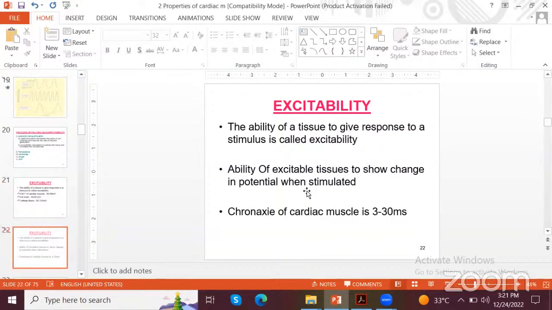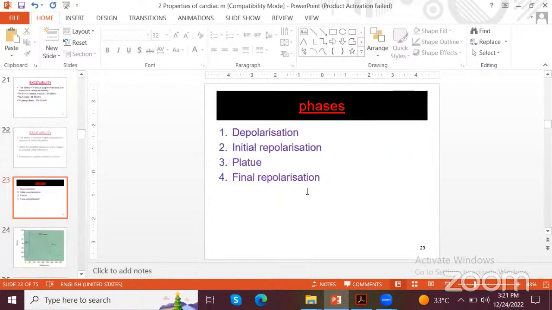Excitability shows the change in potential when it gets stimulated. We have seen about chronaxie and all. For cardiac muscle, it is 3 to 30 milliseconds.